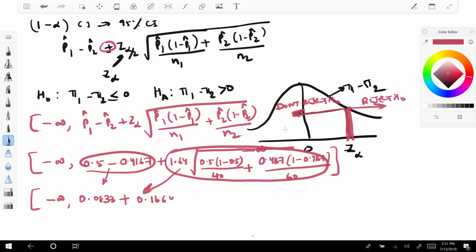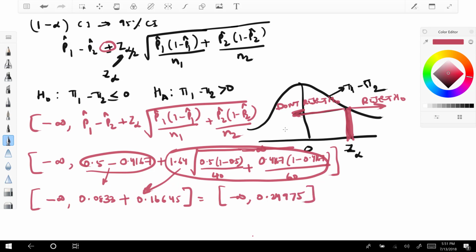So this limit would be negative infinity to 0.24975.